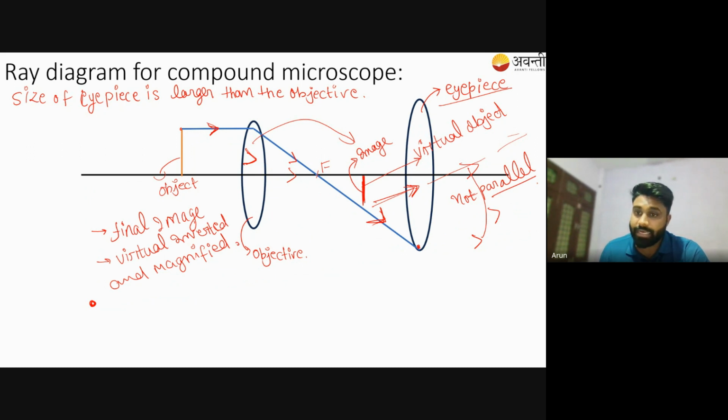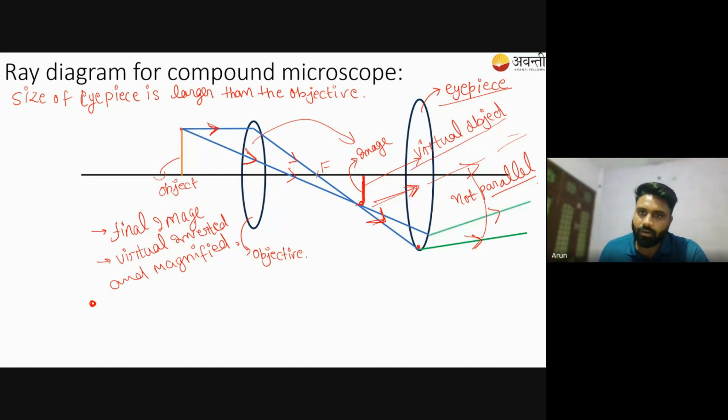Again, it has refraction from this lens and moves in this direction. The other ray, which is coming to the optical center, moves without deviation and cuts at this point. So this image has been formed. This image is real and inverted. So it will behave as the virtual object for this eyepiece.